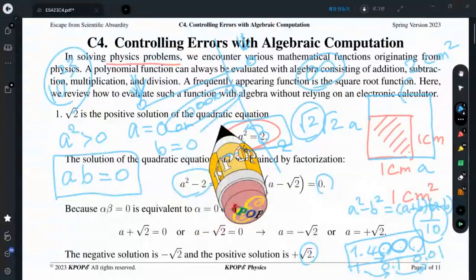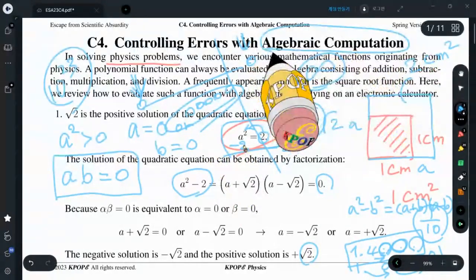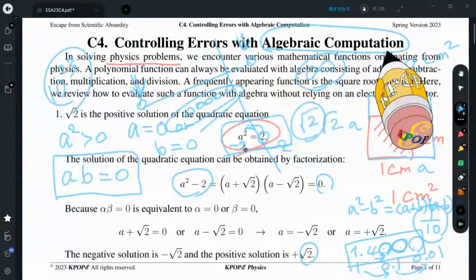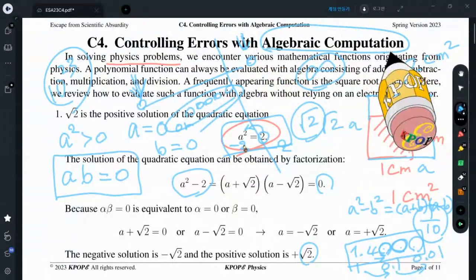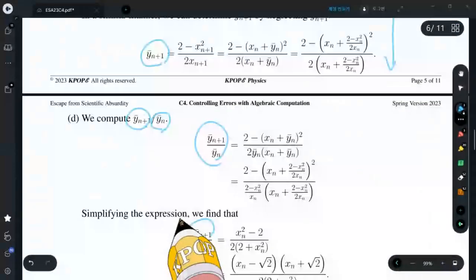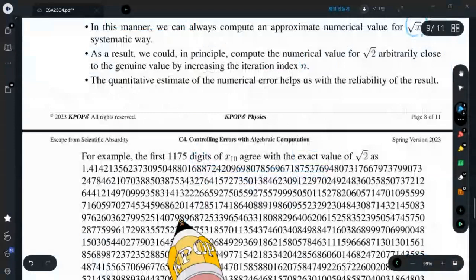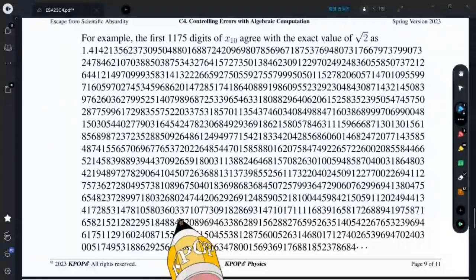At least you should know that controlling error in an algebraic way is possible, and any computer is equipped with this method, but in a limited way. My way of computing is very inefficient, but eventually ChatGPT or any computer built-in program does not produce this. At some point, your brain should work to find a way that a computer cannot carry out.